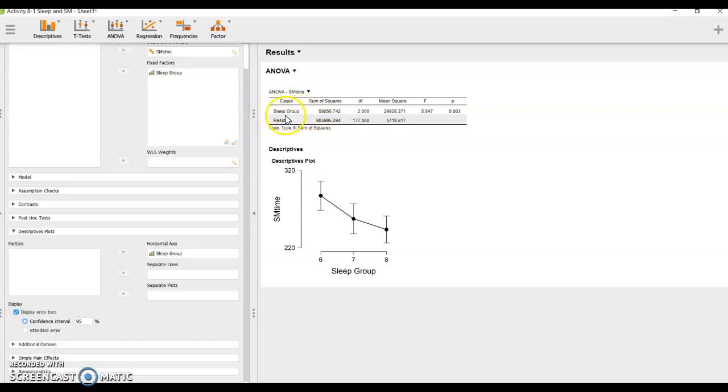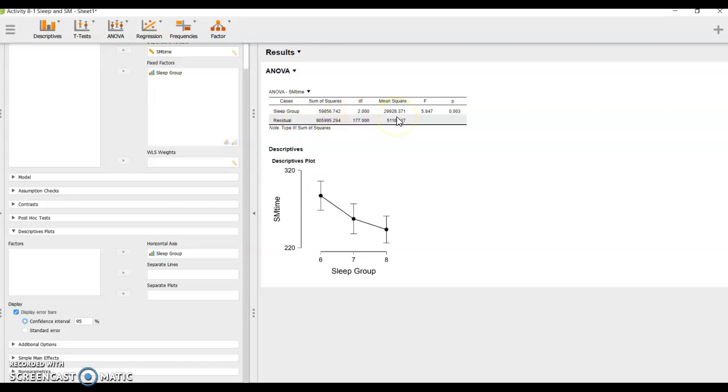These are our treatments as the sleep group. And then we're also going to have within-treatment variability, which is often called residual or error variability. So the sleep group variability is made up of the treatment as well as individual differences in error, whereas the residual variability is only made up of individual differences in error.